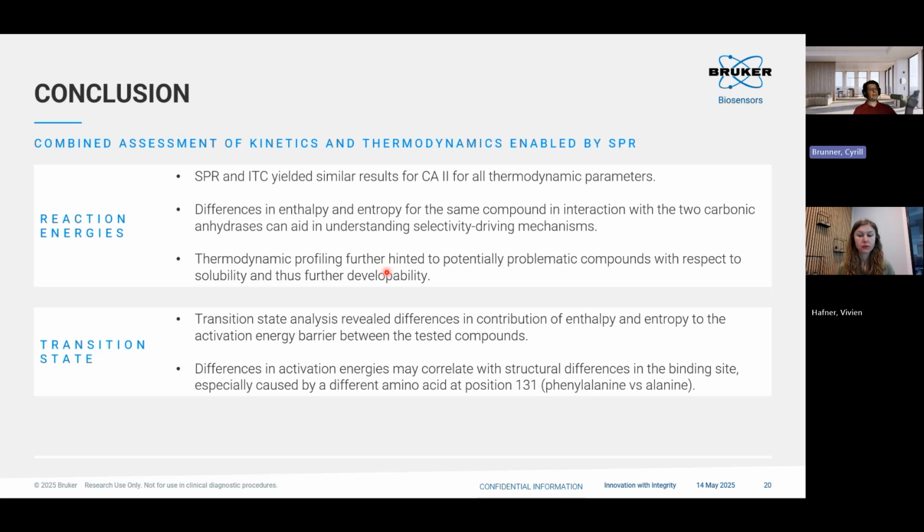You saw there the three examples, acetazolamide, celecoxib, and U104, and the activation energies of these complexes had different influences for each compound, meaning you can start to understand why some compounds might have this or that binding mode, because some are more enthalpically, some are more entropically driven, also in the transition state. And finally, differences in the activation energies may also correlate with structural differences in the binding mode.